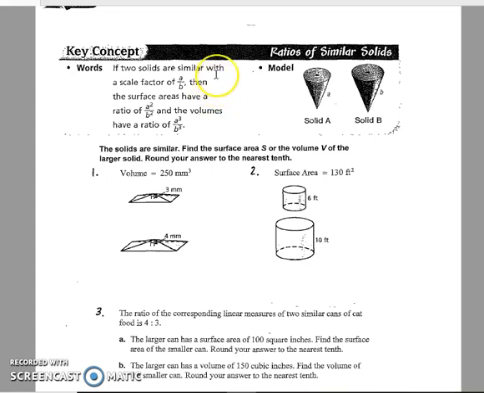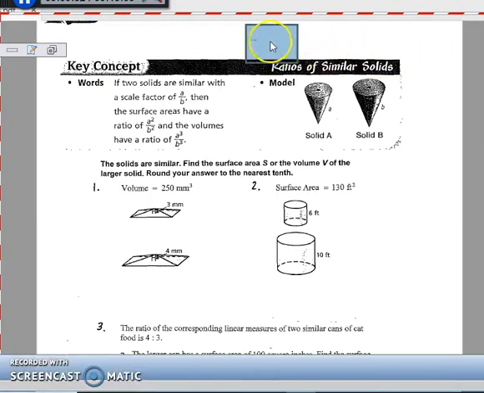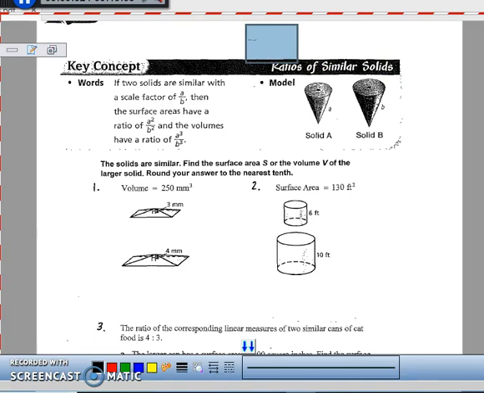All right, so I'm going to draw a square and a similar one.